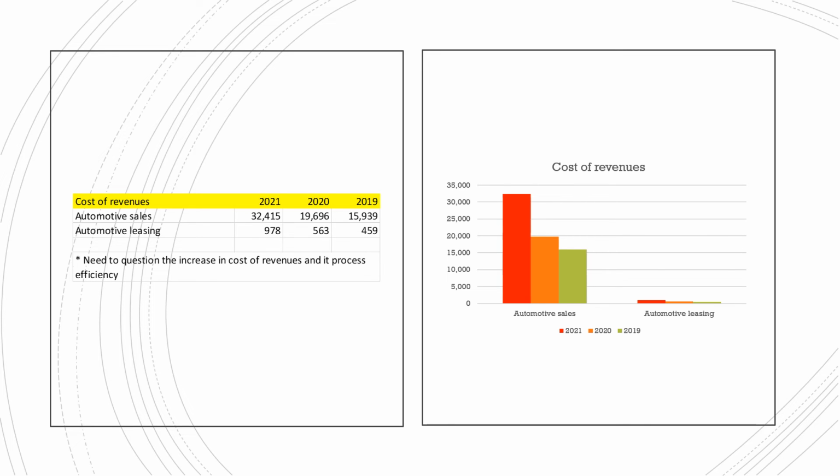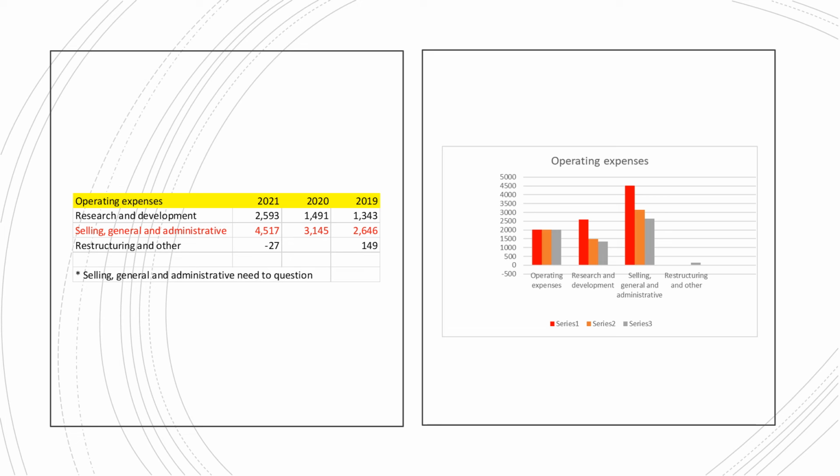We need to question that increase in cost of revenues and its process efficiency, because it keeps going up for the past 3 years. If we could do something about that, well, we need to do something about that. That's not an option. So we need to look into that.